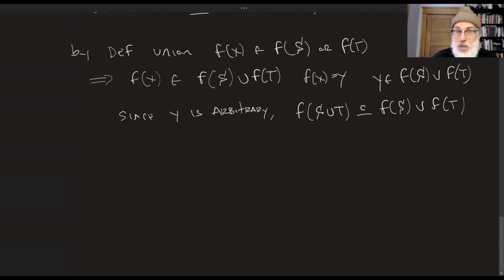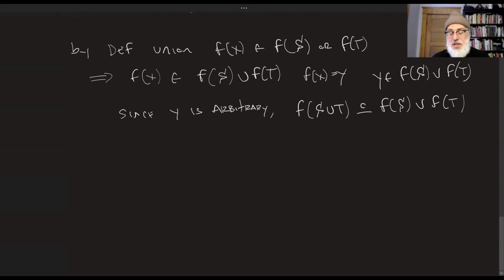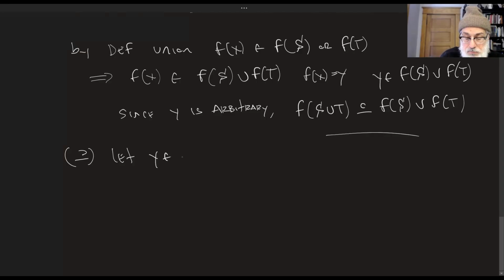And again, what I'm about to do is going to be this. If I took the above argument and I started here and then moved backward, we will get the other direction. But let me write it out. So this is this direction. So we're going to assume an element exists in the union of these two images, and then move the other way.